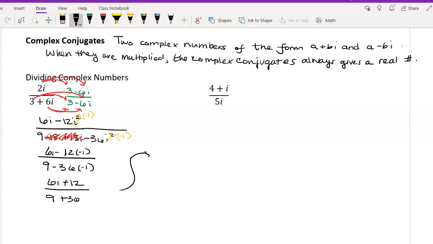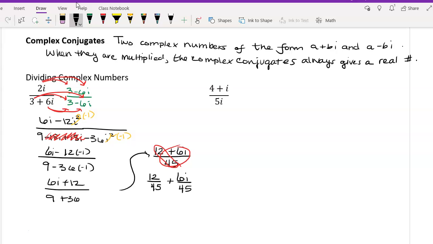All right, I'm going to come over here so I have just a little bit more room. So now I have 12 plus 6i over 45. We need to simplify this a little bit further. We have a binomial term of 12 plus 6i over a monomial term of 45, so to simplify, we're going to separate this fraction out: 12 over 45 plus 6i over 45.